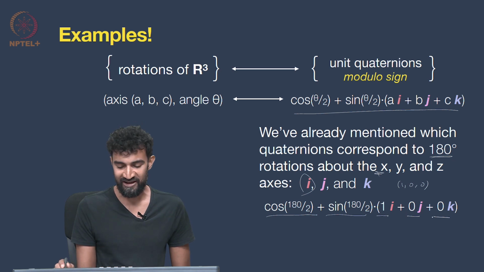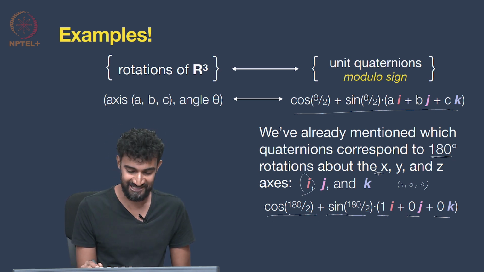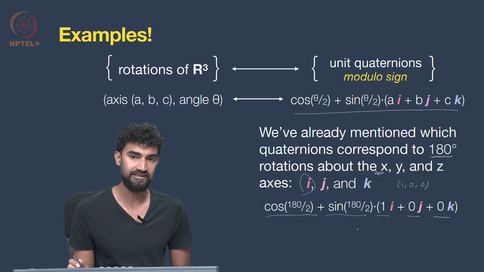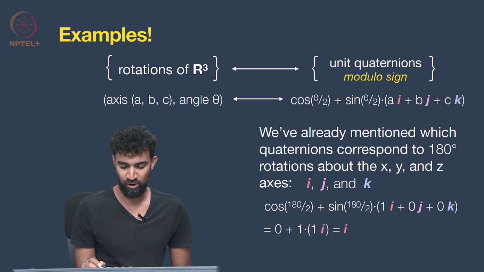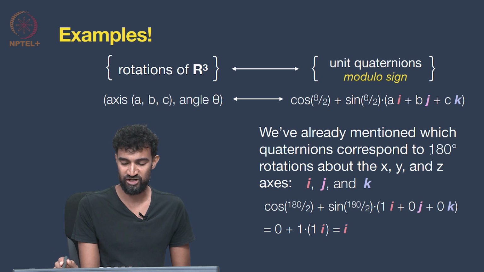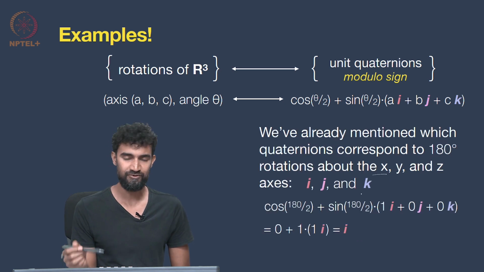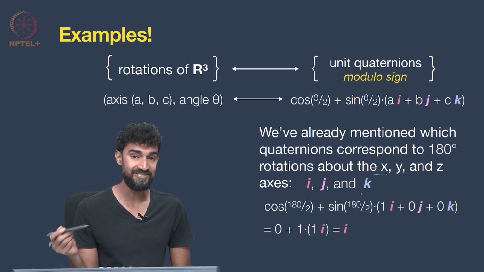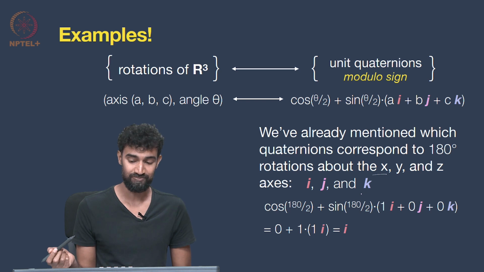Can we simplify that at all? Cosine of 90 is 0. Sine of 90 is 1. So this is just 0 plus 1 times i, which is just i. So i really is the rotation by 180 degrees about the x-axis. Similarly, j and k give you rotations about the y-axis and the z-axis by a 180-degree angle.